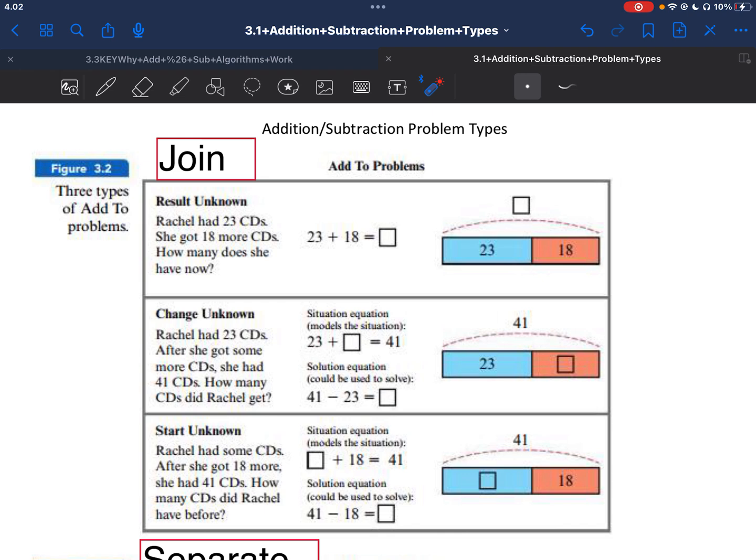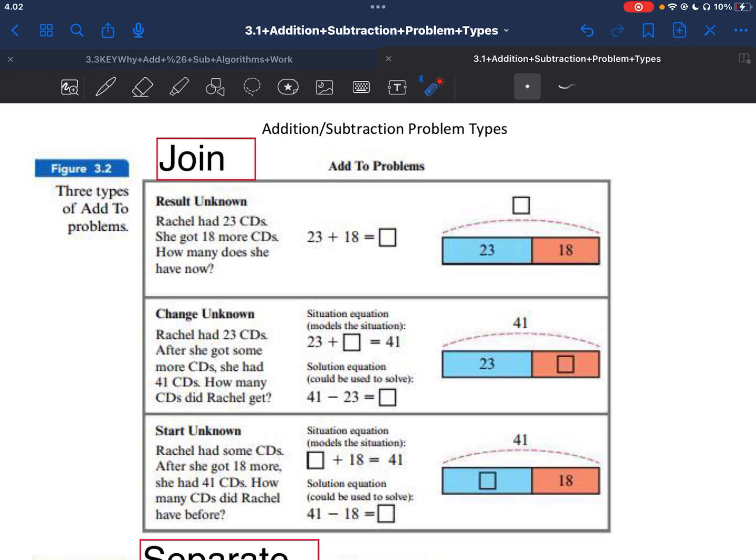After she gets some more, we know that's an addition problem, right, even though we don't know how many we're adding. And then she had 41 CDs in total. How many CDs did Rachel get? So we know the total, the result. We just don't know what we add 23 with to get to the total. That's why it's a join problem and it's the change unknown.